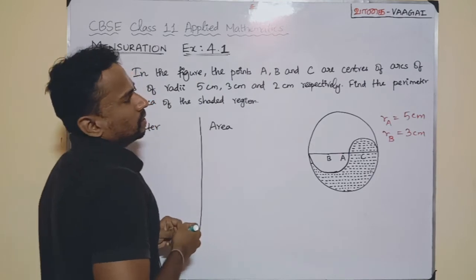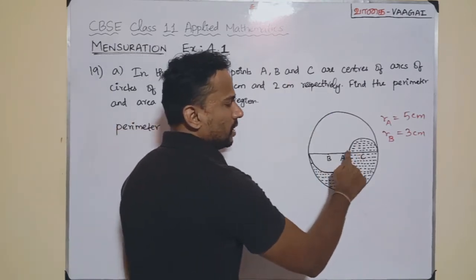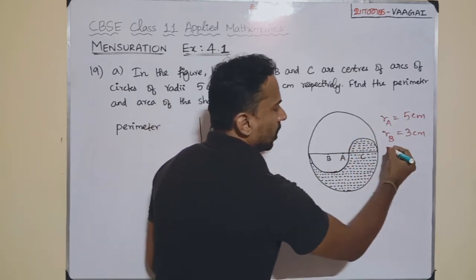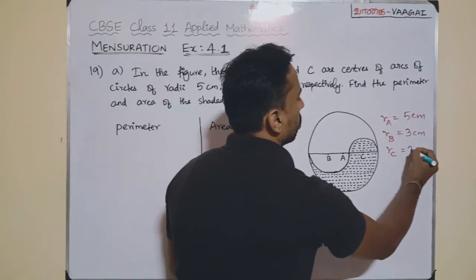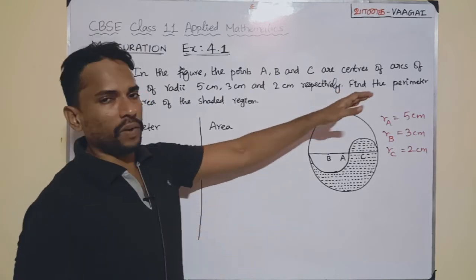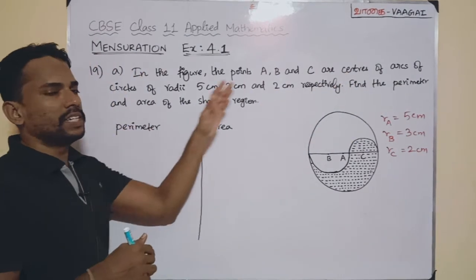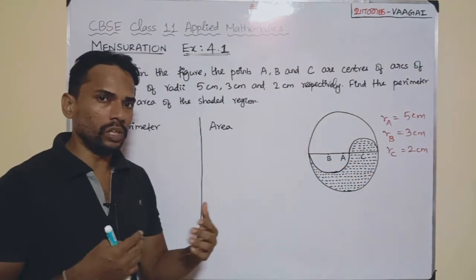And last, we have another circle whose center is C. Center C, this is the semicircle. So that radius we will take as RC, and that is given to be 2 centimeters. Now everything is clear to us. Now finally, what is the question? Find the perimeter and area of the shaded region. Now this shaded region's perimeter and area, both the things we need to find.